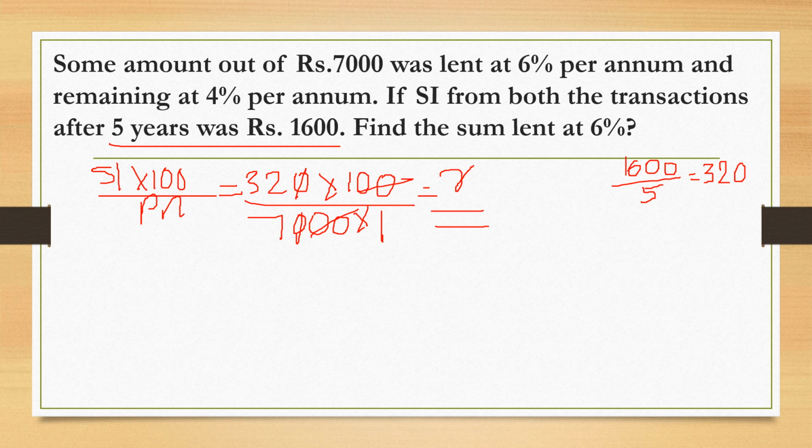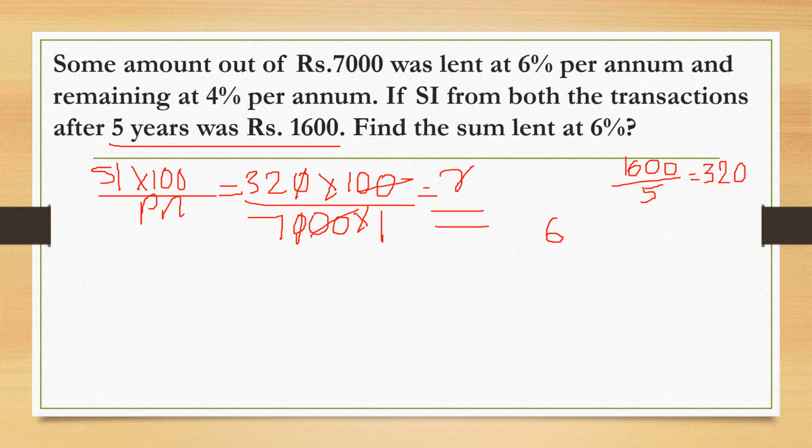Okay. Now we can use the allegation method. Allegation method is one of the important methods that we use to find the answers easily. So first we have to write some amount of rupees 7,000 was lent at 6% per annum. Okay. So we have to write 6 in the first place.